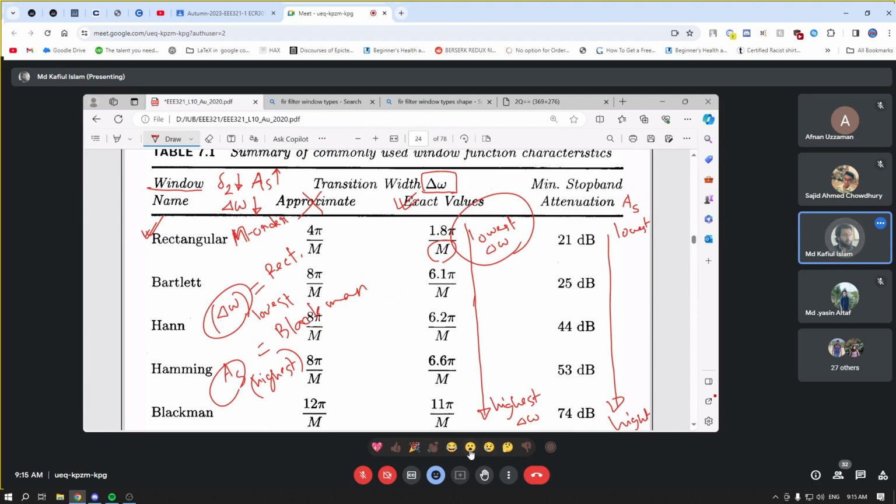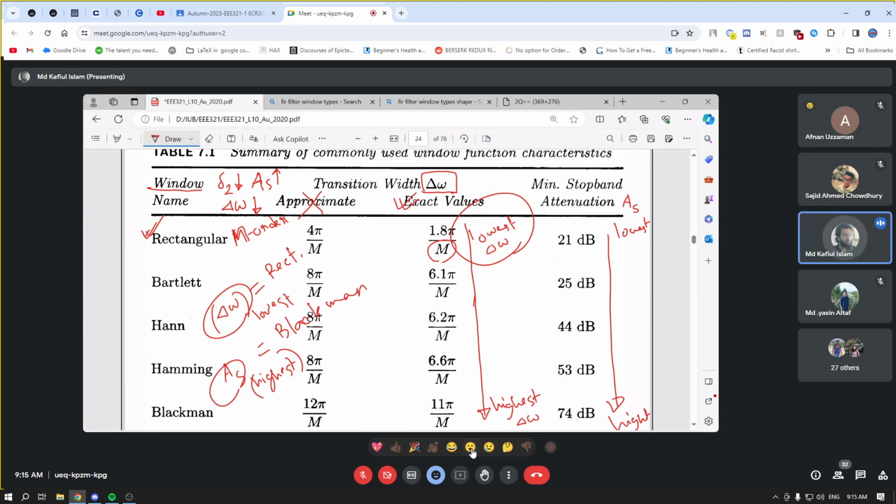This is a decision that I have to make based on my requirement and application. Do you understand? So there is no win-win situation anywhere. If you want to achieve something, you have to compromise something. You cannot achieve something without compromising anything.